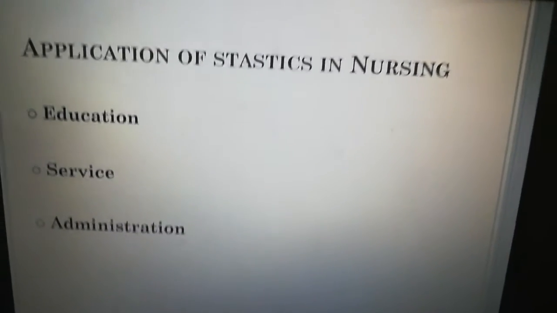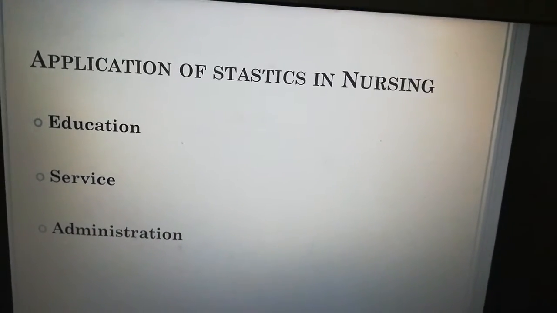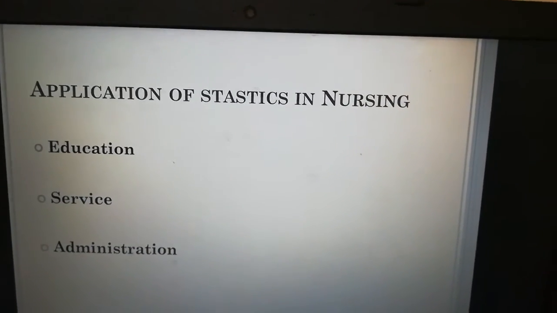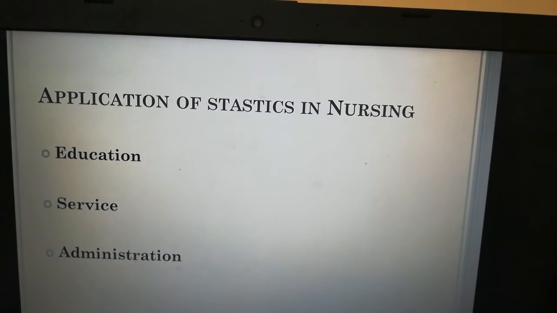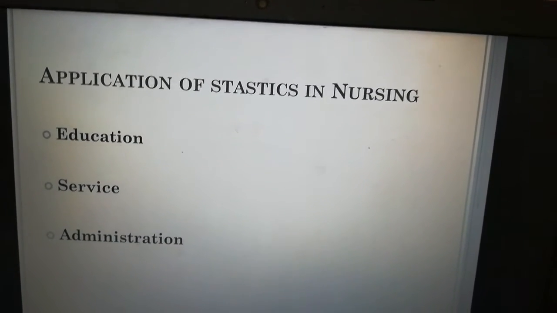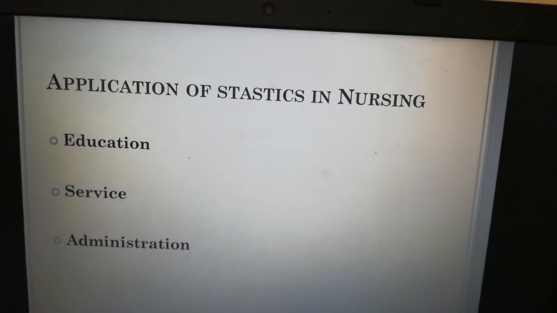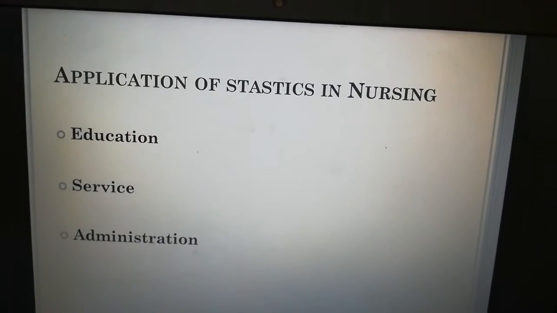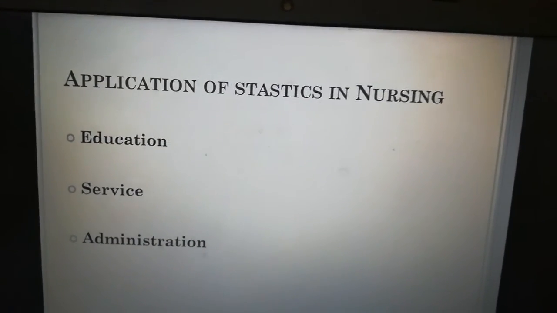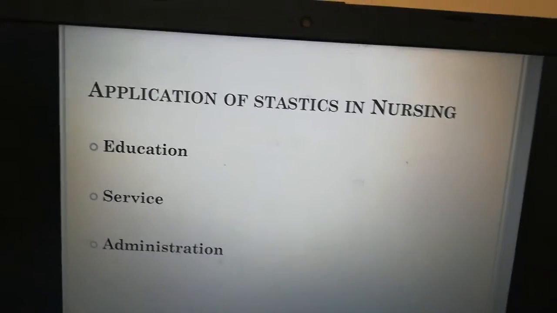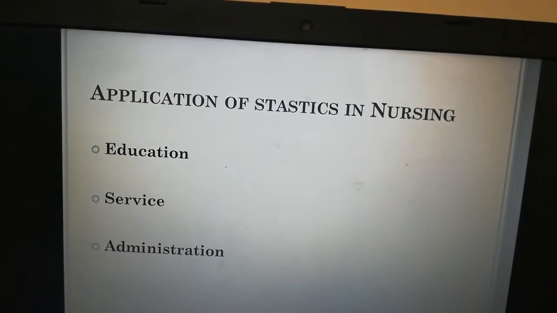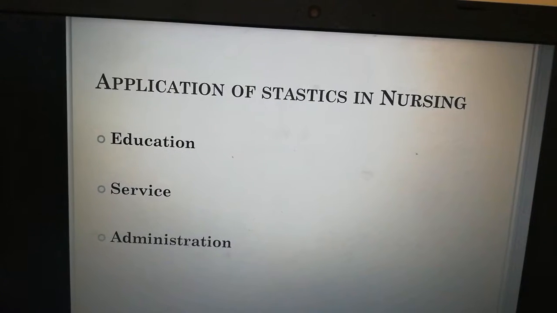Next, let's see how statistics is beneficial to us. If we see in the field of education, nursing service and nursing administration, statistics have an important role.